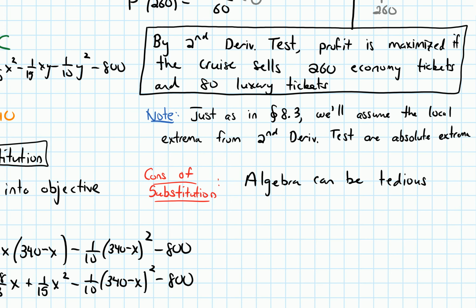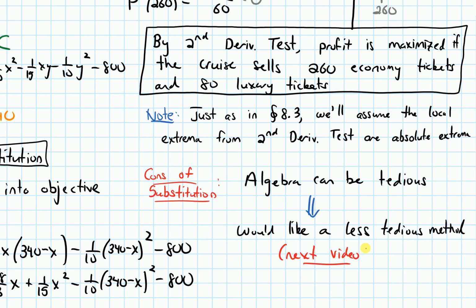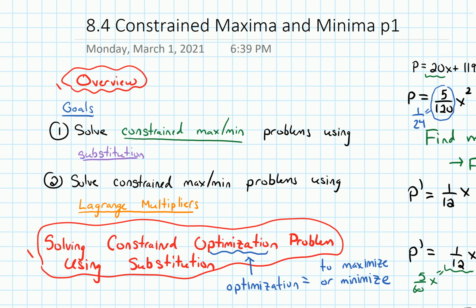So ideally, we would like a less tedious method. And we will talk about that in the next video. It's something called Lagrange multipliers. So in terms of our goals for this section, we have finished our first goal, which is talking about how to solve a constrained optimization problem, a max or min problem, using substitution.